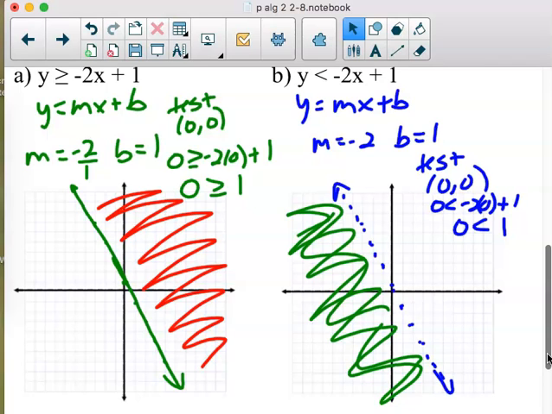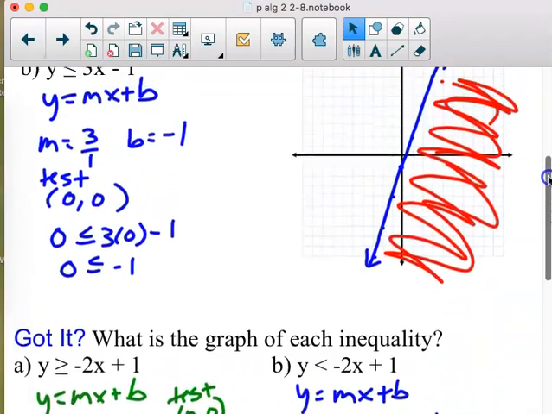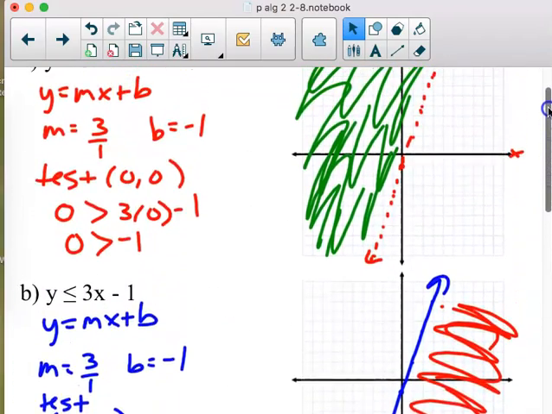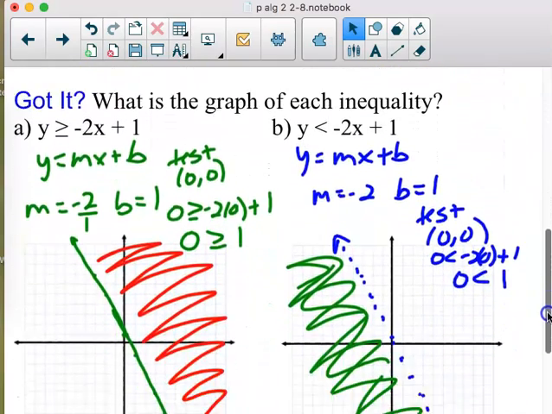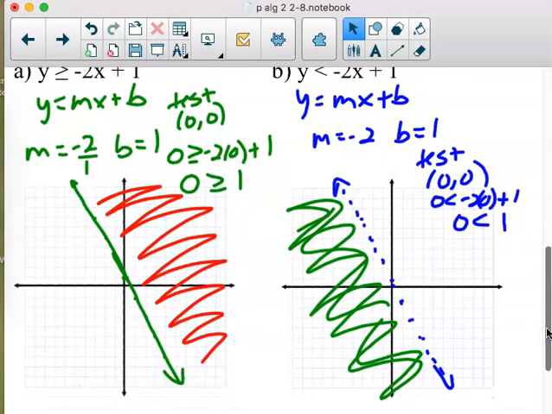Yes and no. See, this one was greater than. It went to the right for that one. Yes.